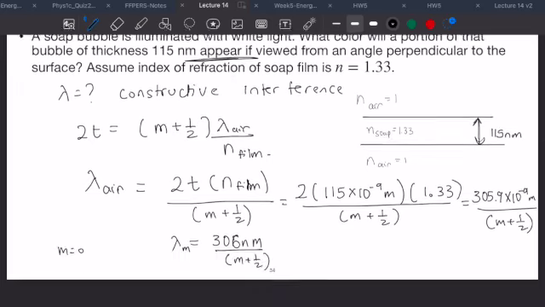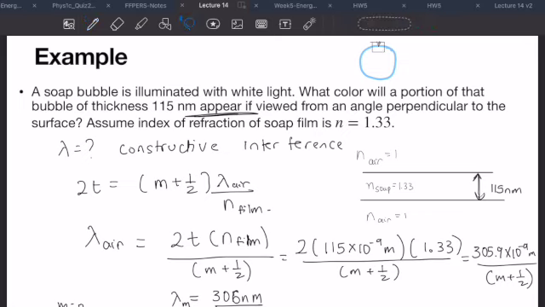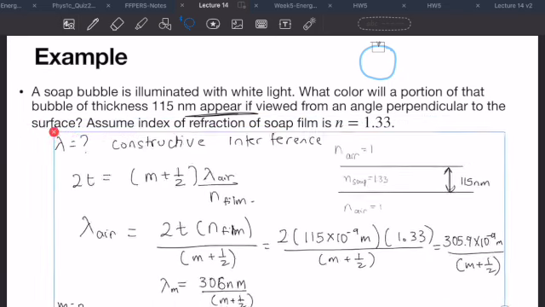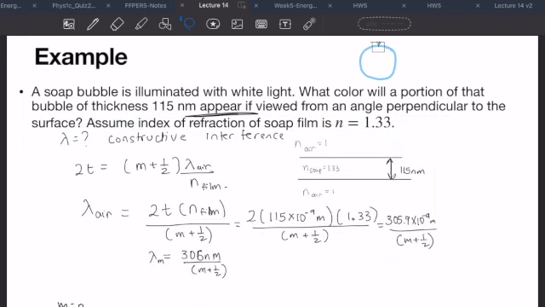So now we try out m equals 0. When m equals 0, we have lambda equal to 306 nanometers divided by 0 plus a half, which is just a half, and that gives us double 306, which is about 612 nanometers.